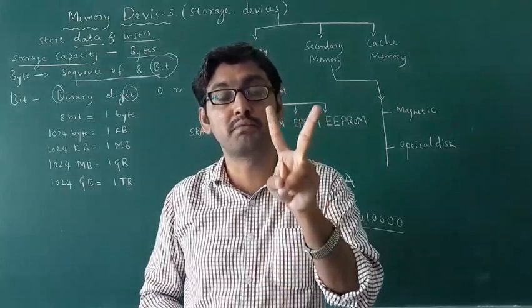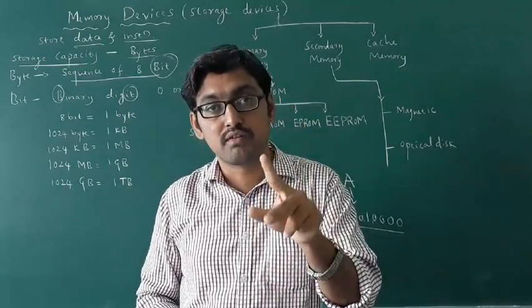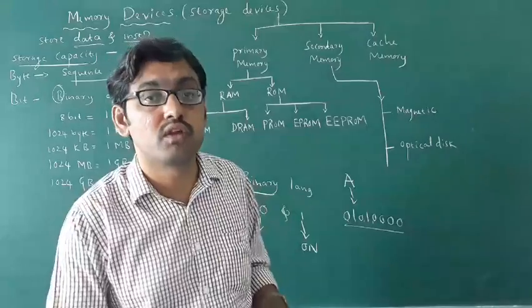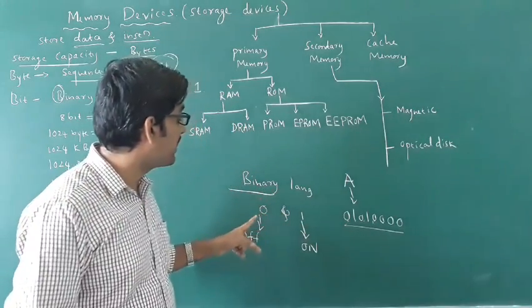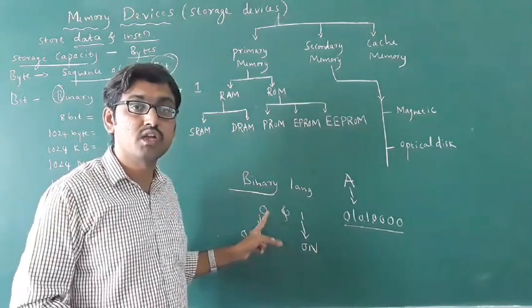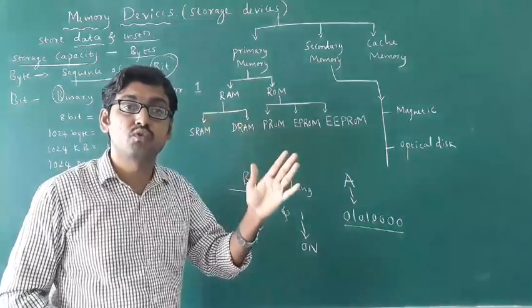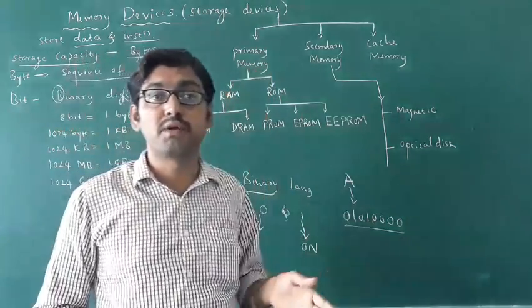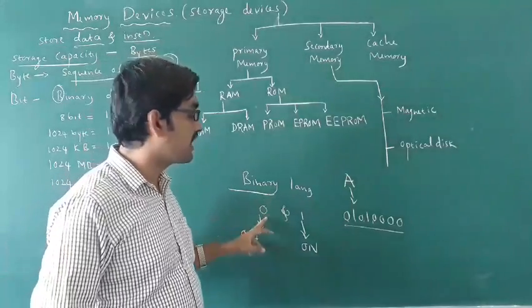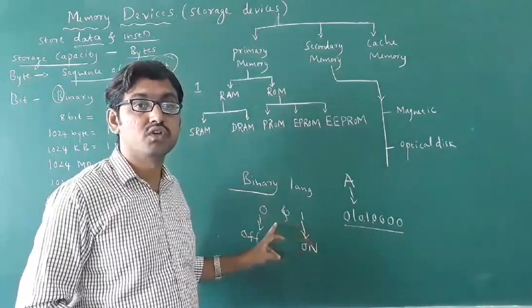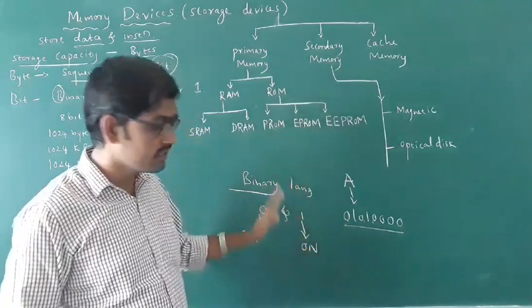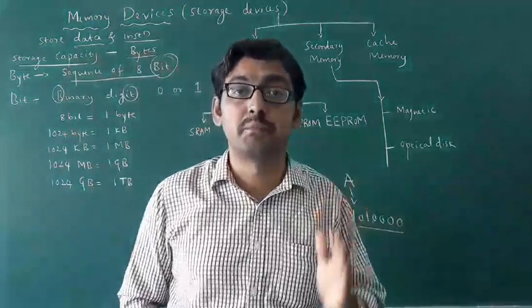Binary means 2, either 0 or 1. That's why the computer can understand only binary language, which has only 2 words. In English you have 26 alphabets, but binary language has only 2 characters, 0 and 1. This language is always used by the computer.